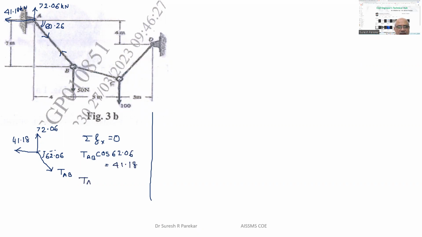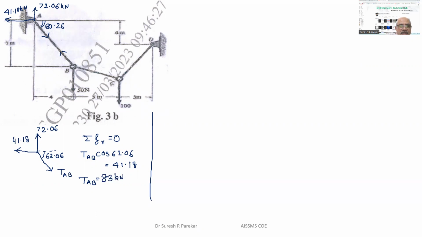From this we get TAB equal to 41.18 divided by cos 60.26, and it comes to 83.01. So we have tension in this cable as 83 kilonewtons.